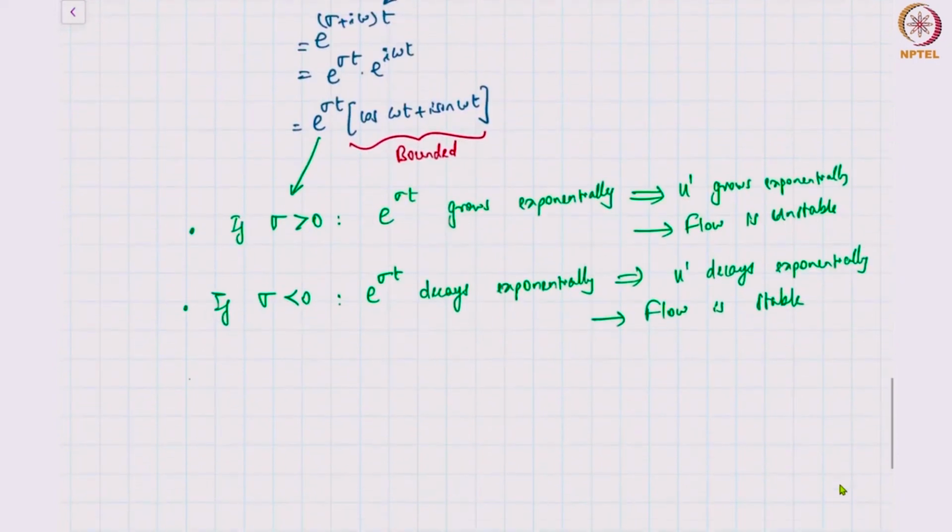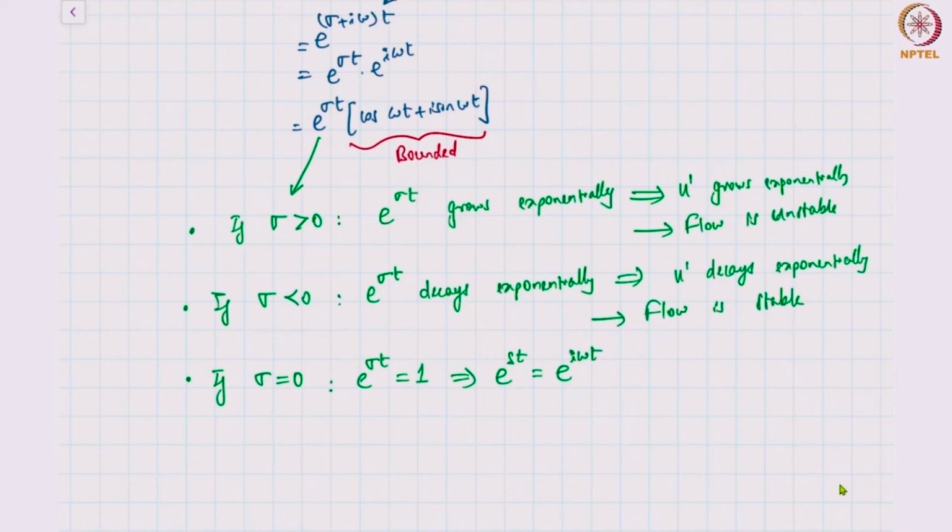Okay, and finally, if you have sigma equal to 0, then this term does not matter. E power sigma t becomes equal to 1. So e power st simply becomes e power I omega t. And you can see e power I omega t can be cos omega t and sin omega t.